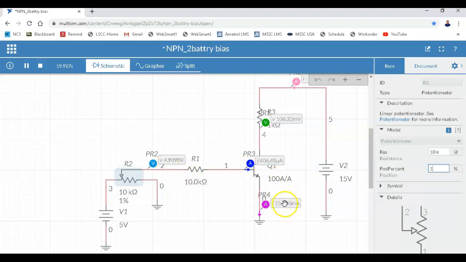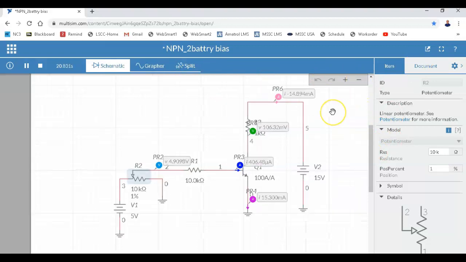Notice my emitter current is... Oops, got to go back down one, guys. My collector current is 15.89 milliamps. My emitter current is 15.3 milliamps.